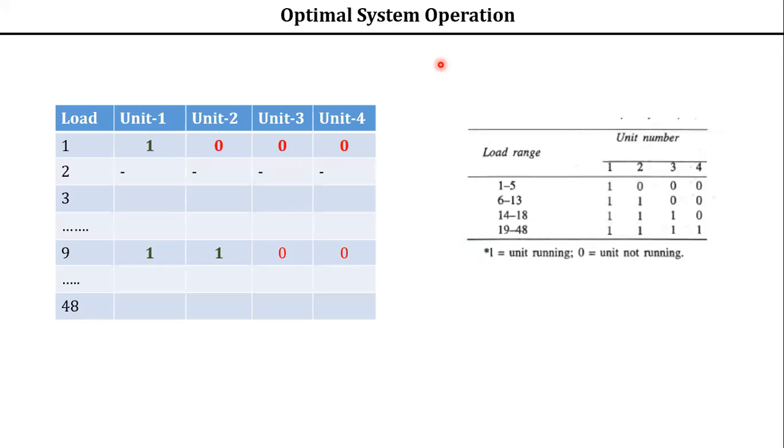After performing these operations and getting the unit commitment table, for a particular load of 9 megawatt, which cost characteristics are you going to give? The cost characteristics of unit 1 and unit 2. You are not going to provide the quadratic cost equation for units 3 and 4. From this table only, you have got that cost characteristic equation.